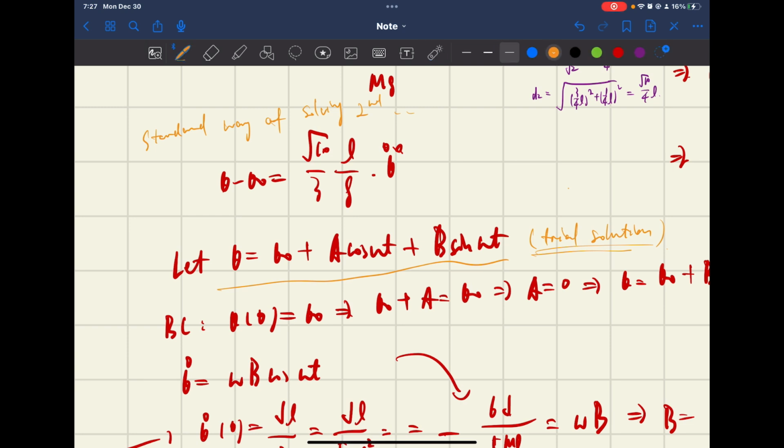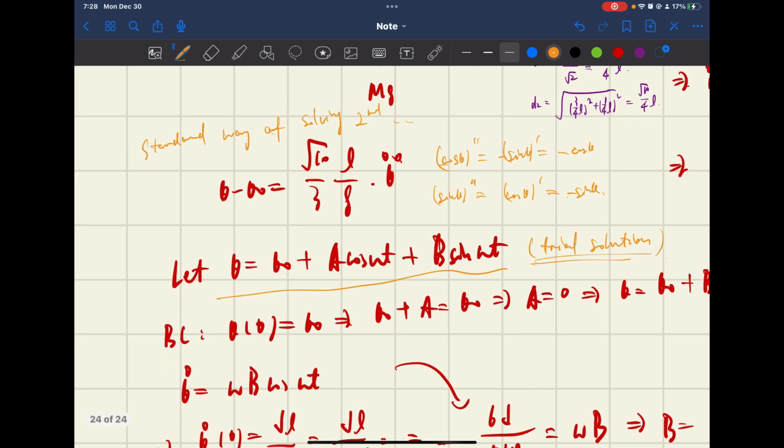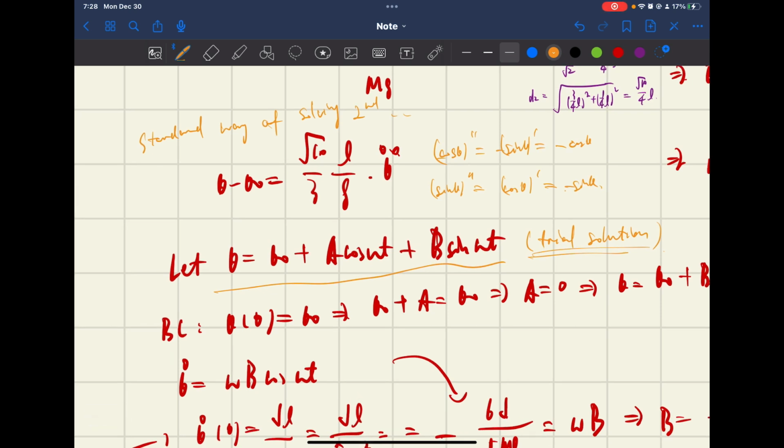The reason why is that you'll notice that the second derivative of cosine theta is minus cosine theta, and the derivative of sine theta is cosine theta, and the derivative of cosine theta is minus sine theta. So both of these will have something to do with the original function. There's just an inverted sign.